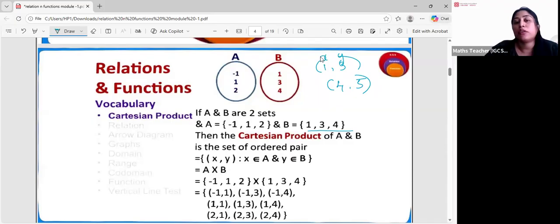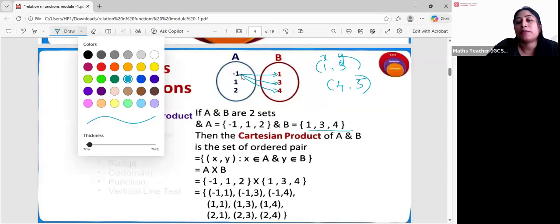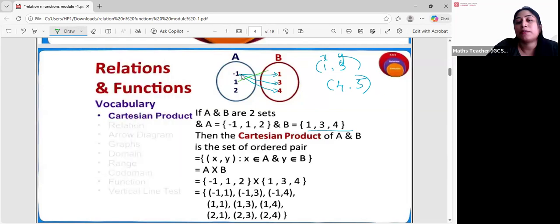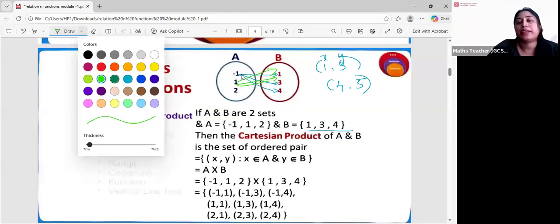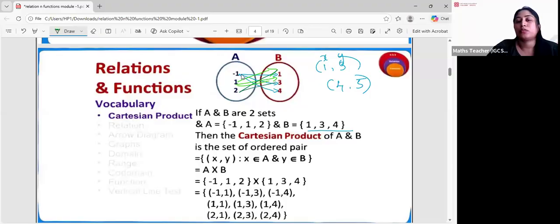See, -1 I can write with 1, again -1 with 3, again -1 with 4. And again we can relate +1 with 1, +1 with 3, +1 with 4.